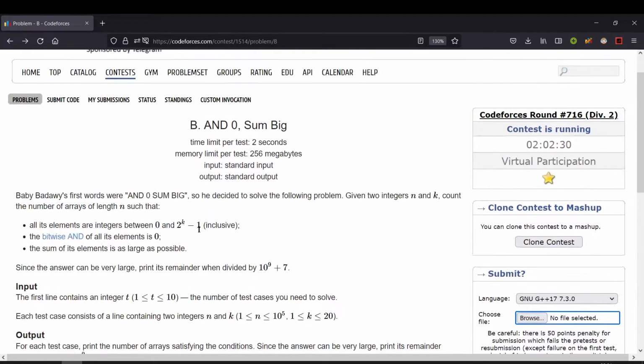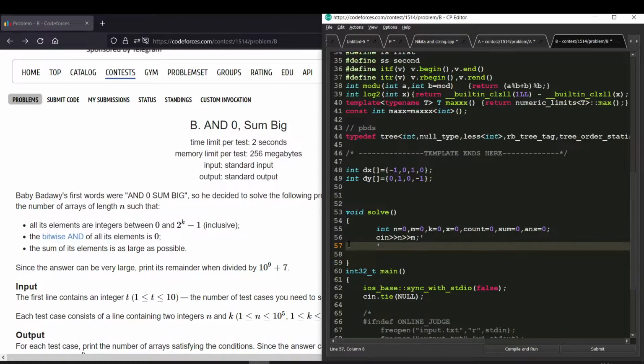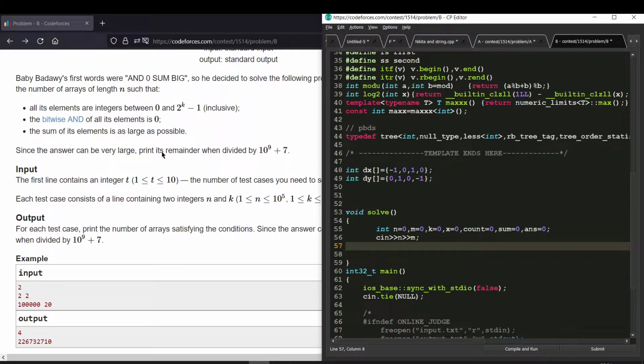Okay, so we have to take the modulo by 10 to the power 9 plus 7. I think we have to use binary exponentiation in this. So a, n, mod.